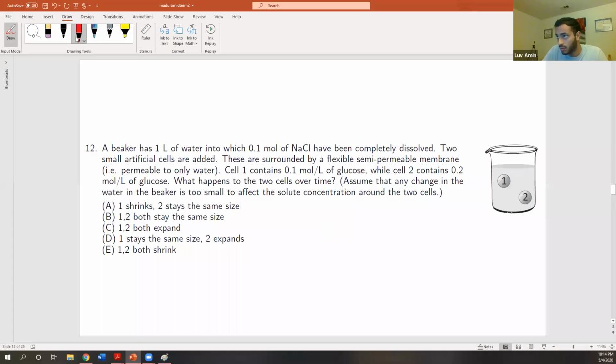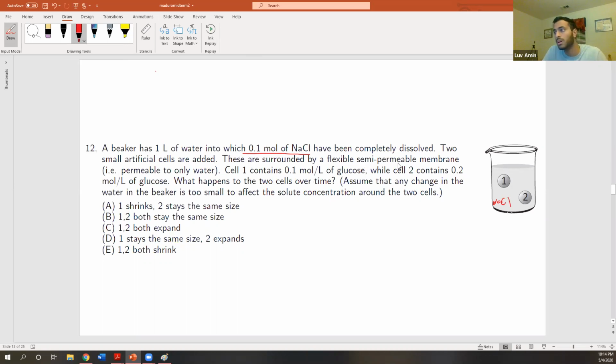All right, so here we're talking about balancing osmolarity. It's saying a beaker of 1 liter of water has 0.1 moles of NaCl dissolved in it, right? Two small artificial cells that are added are surrounded by a semi-permeable membrane.